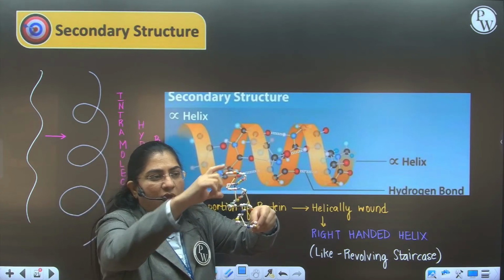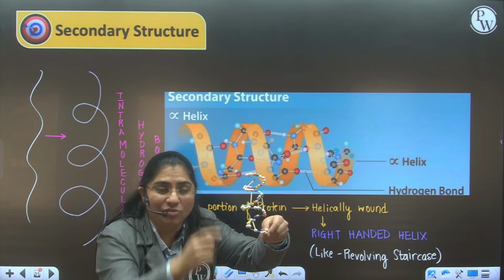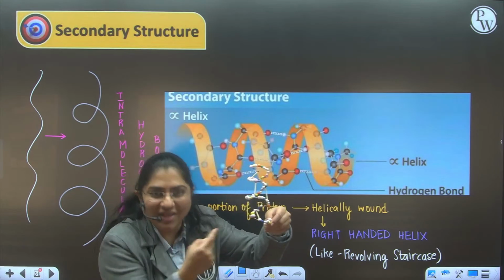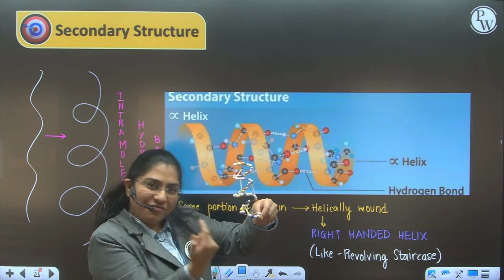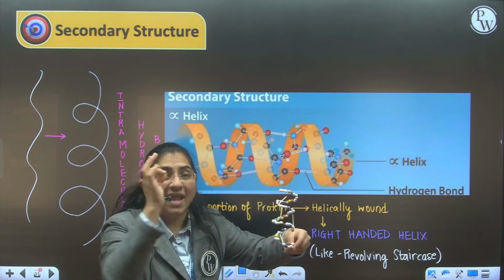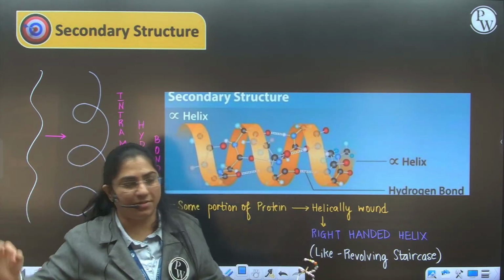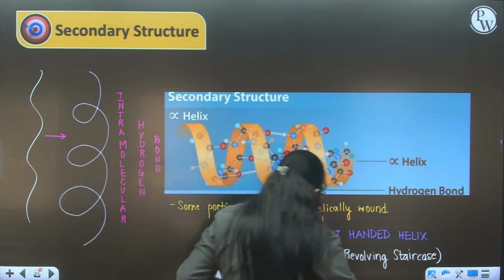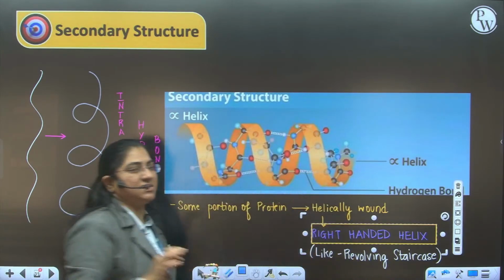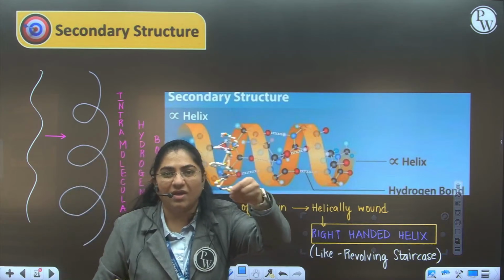That is, hydrogen bond between amino acids of the same molecule. So there is a single chain, intramolecular hydrogen bond, forming a helical structure, which is like a revolving staircase. And there are only right-handed helices present. So remember, this can again come as our MCQ, that there are only right-handed helices present, forming the alpha helix structure.